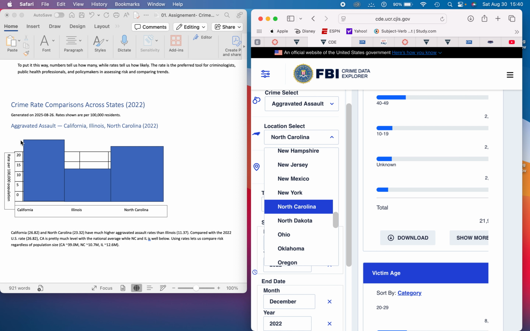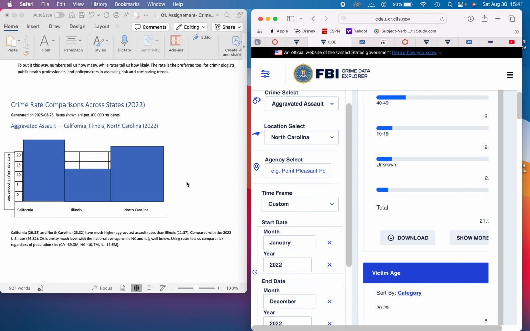I'd say about 26.8 right here. That's the number right here. That's what I got. And Illinois is smaller, about 11.3, and North Carolina's about 23. So this is what I got. And again, it's all in here for you to check if you want to check it yourself.